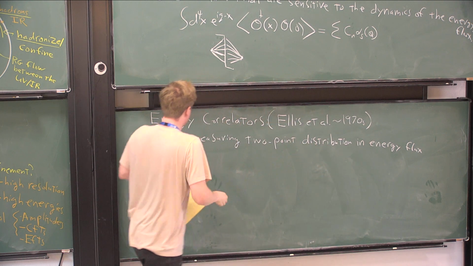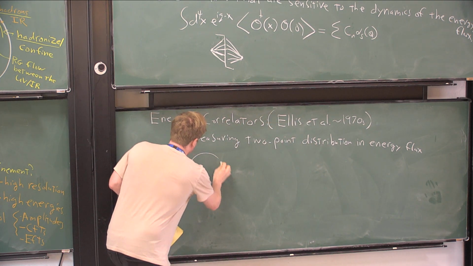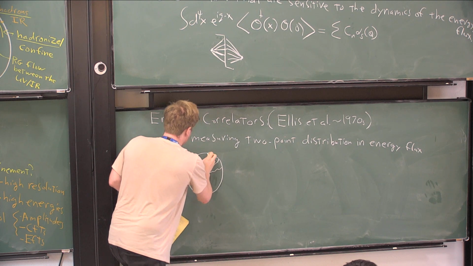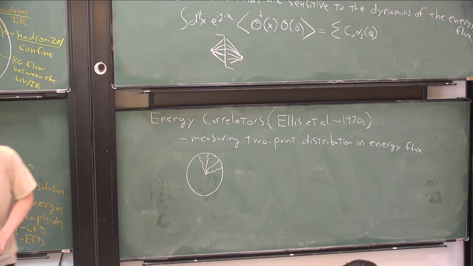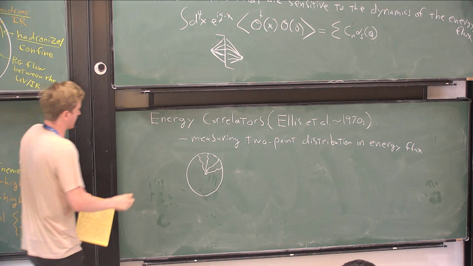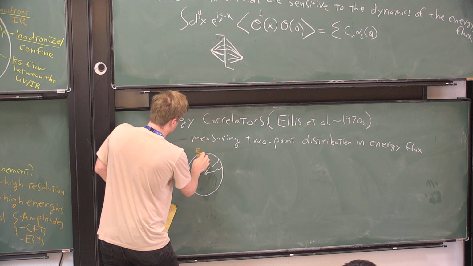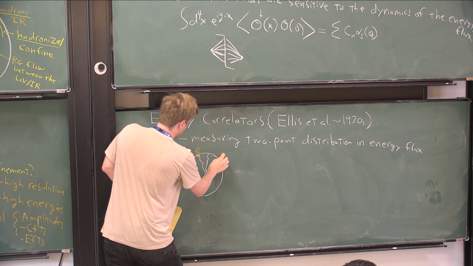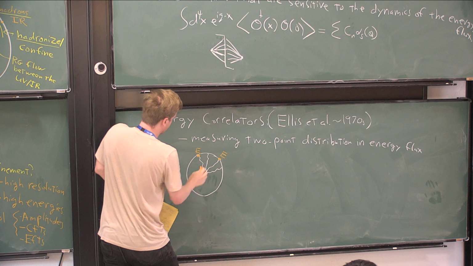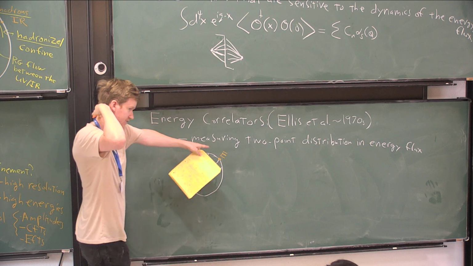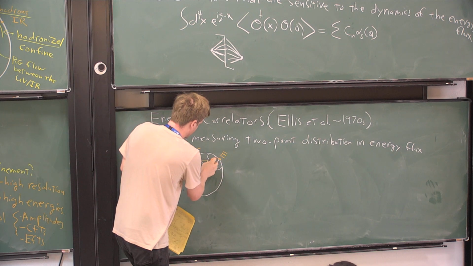And the way you should think about this is I just have some fluxes coming out like this, and I want to put two detectors which measure the energy flux coming into them. So I can put one here and one here. And now this will be a function of the angle between these two detectors.